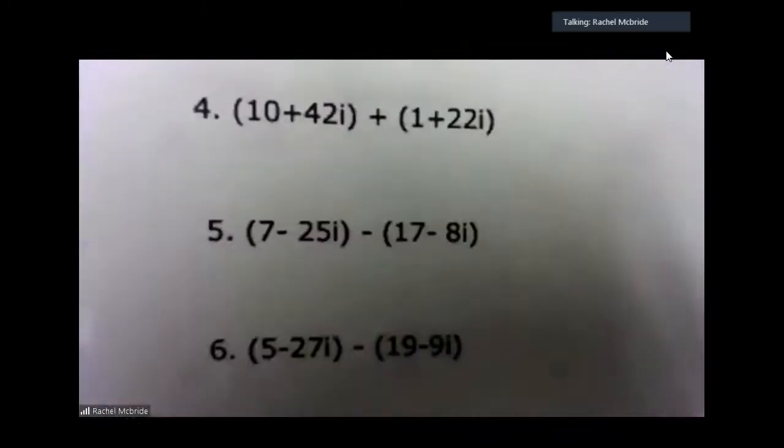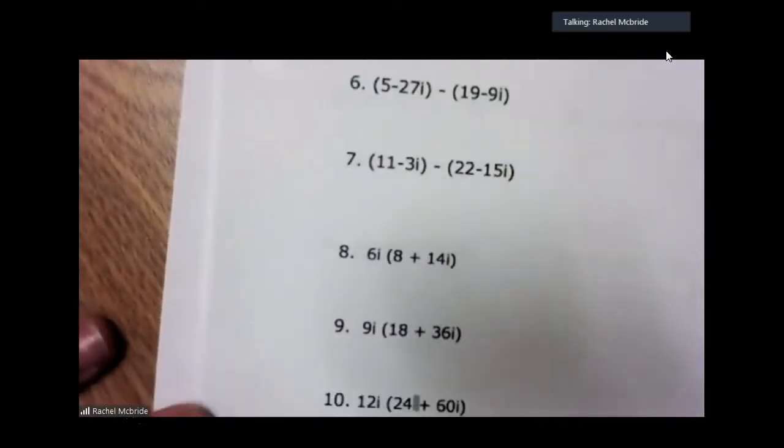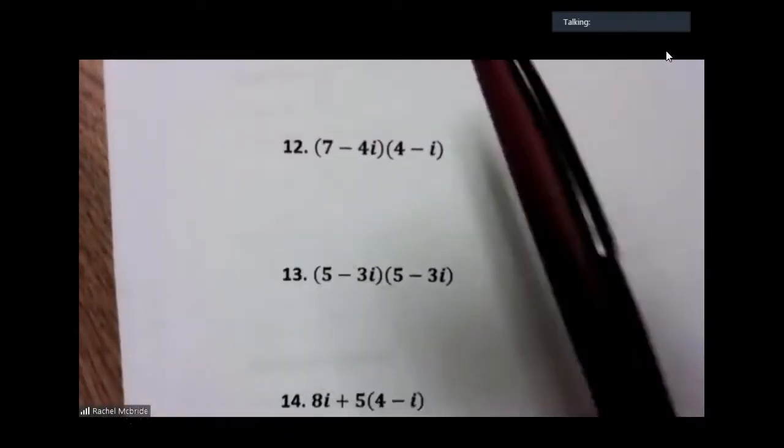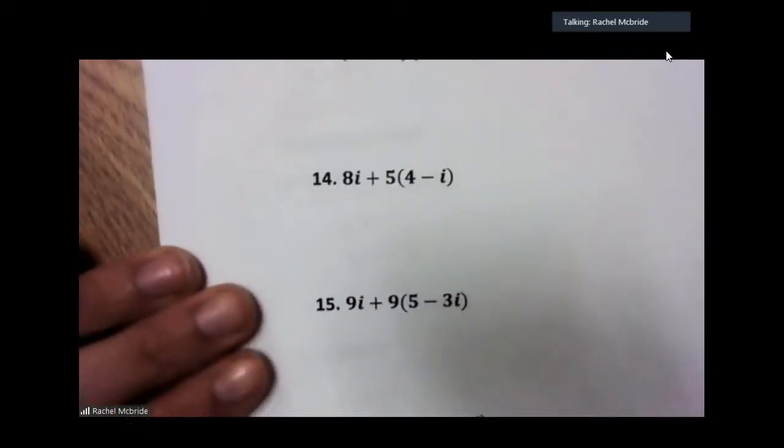So first 4 you add, next 3 you subtract, the next three you distribute. And then on the back, you're doing a mixture of each. You're distributing, combining like terms, FOIL, FOIL, distribute, combine, FOIL, FOIL, FOIL.